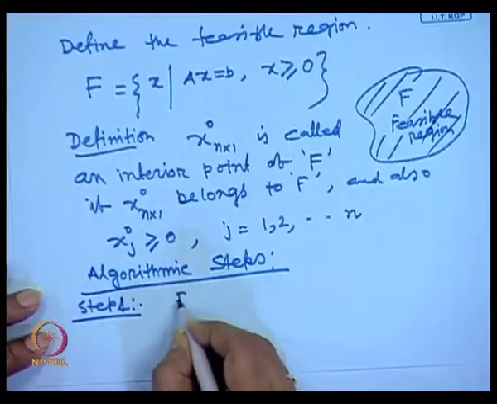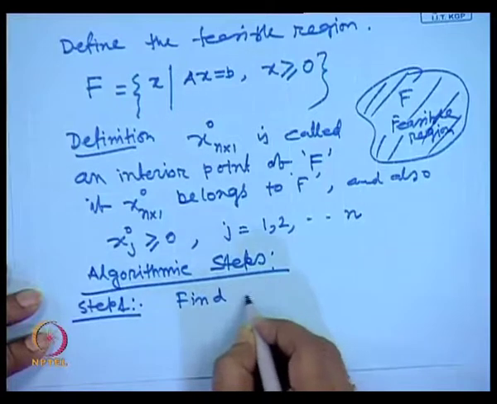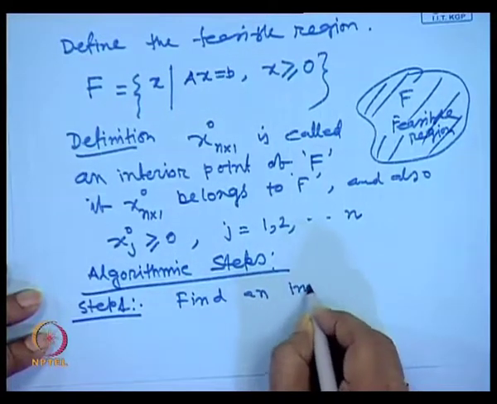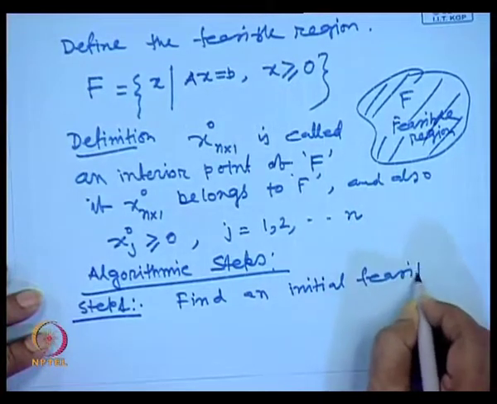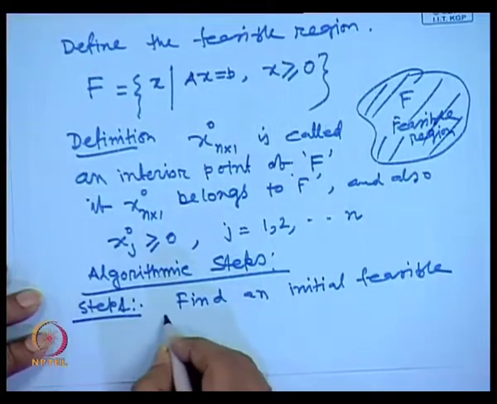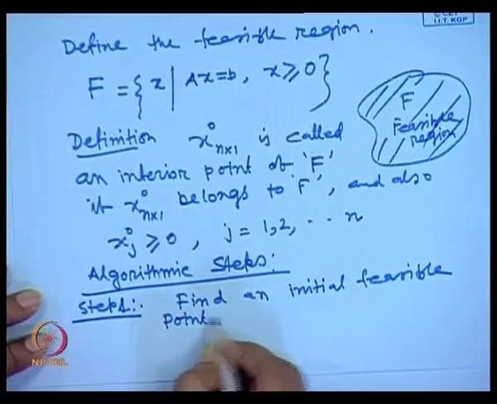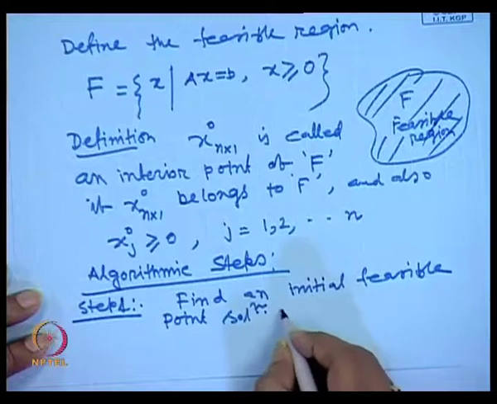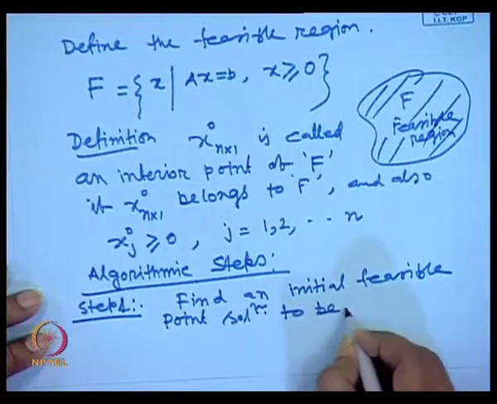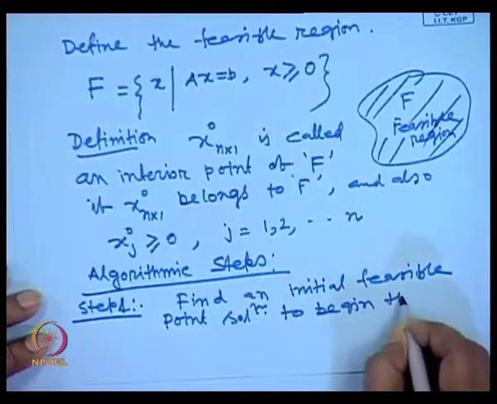So, our algorithm steps. The first step is to find an initial feasible point solution to begin the iteration process.